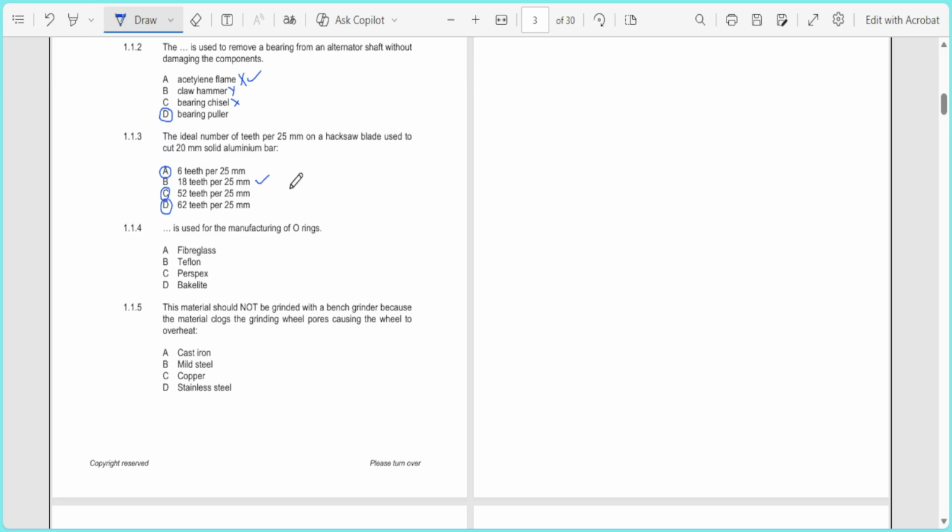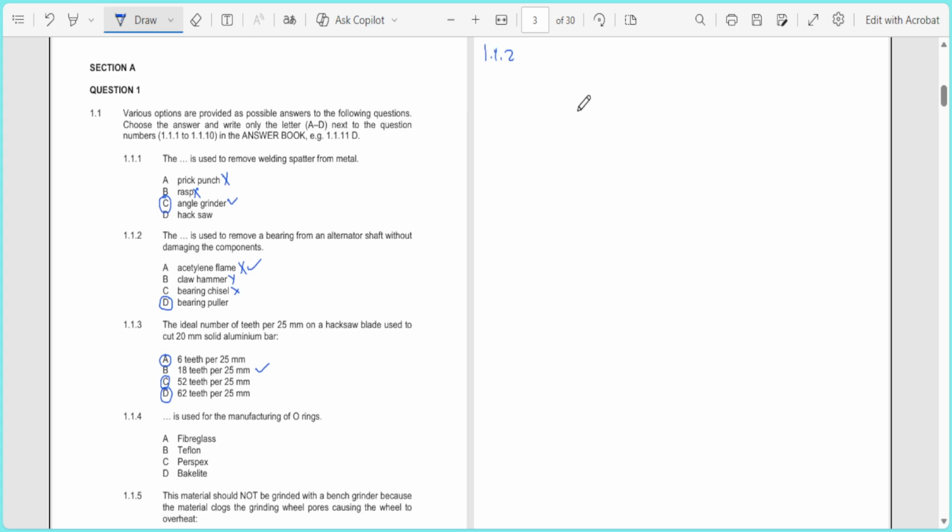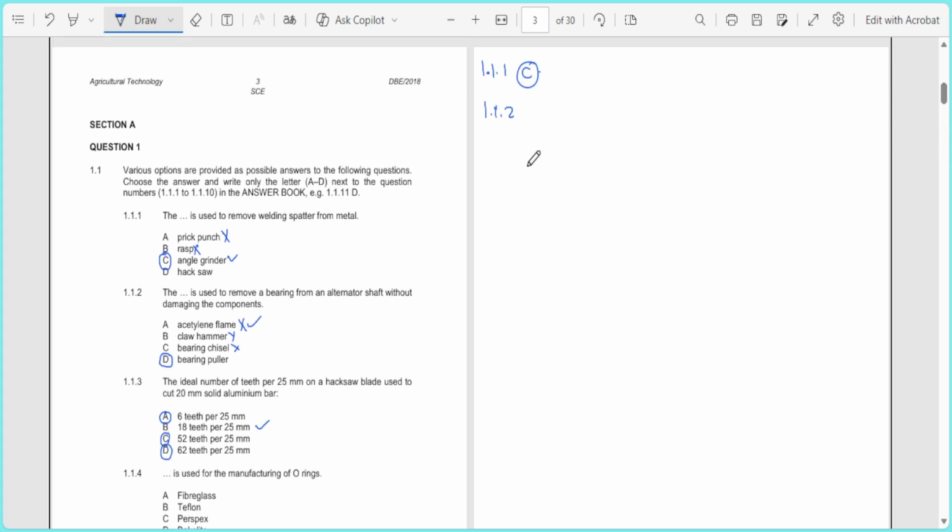I'm just trying to provide a reason why A, C, and D cannot work in this case. So for 1.1.2 we went with D, and for 1.1.3 we are going with B. C is too fine and could clog quickly with aluminum shavings. That justifies why C cannot be used.